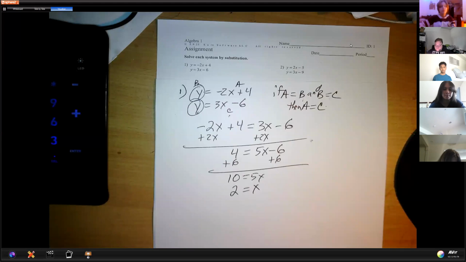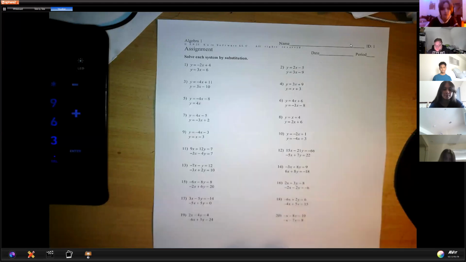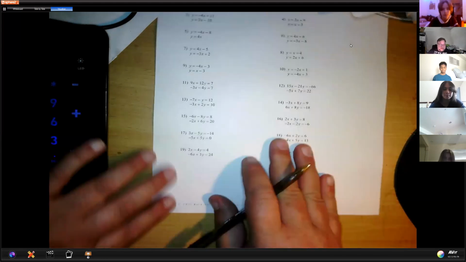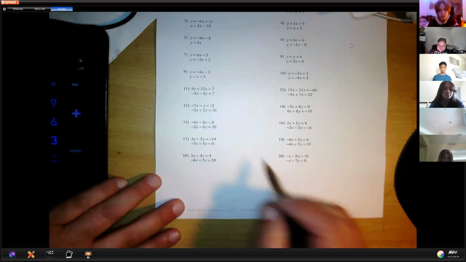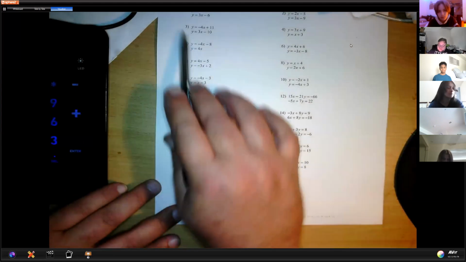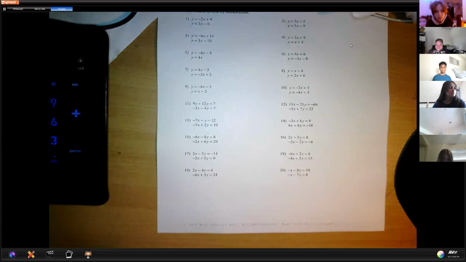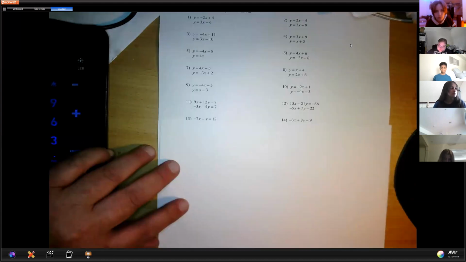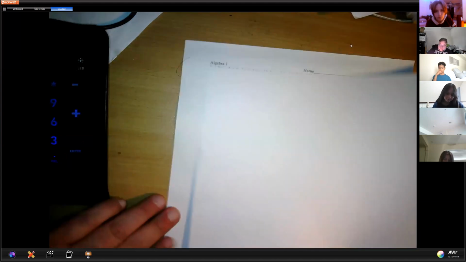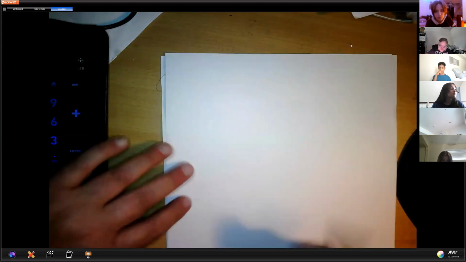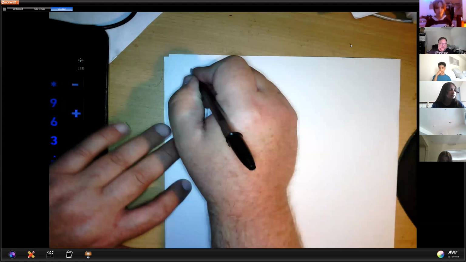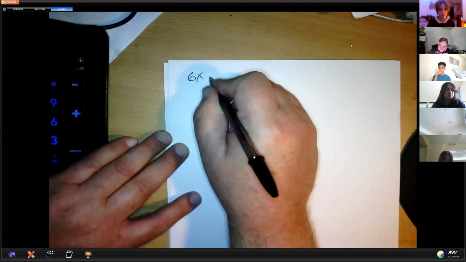Now, here's the deal. If you look on this worksheet, you'll see that I gave you some that are typically substitution or elimination. You can see how all of these are elimination, and these are all substitution because they have y equals. But the reality is that sometimes we're going to get weird problems that we're going to have to look at and figure out which one's going to be easier. So I'm going to write a problem here just as an example.